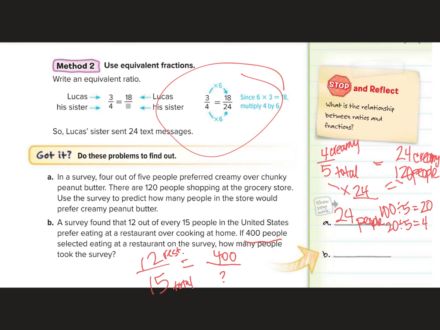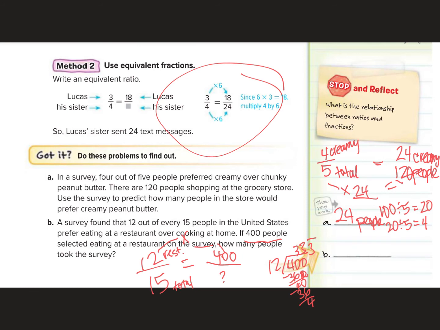Okay, so now I've got to figure 12 multiplied by what is going to give me 400. Let's just do it. 400 divided by 12 would be 36. Well, would you look at that? 40 divided by 12 is 3.3 repeating.